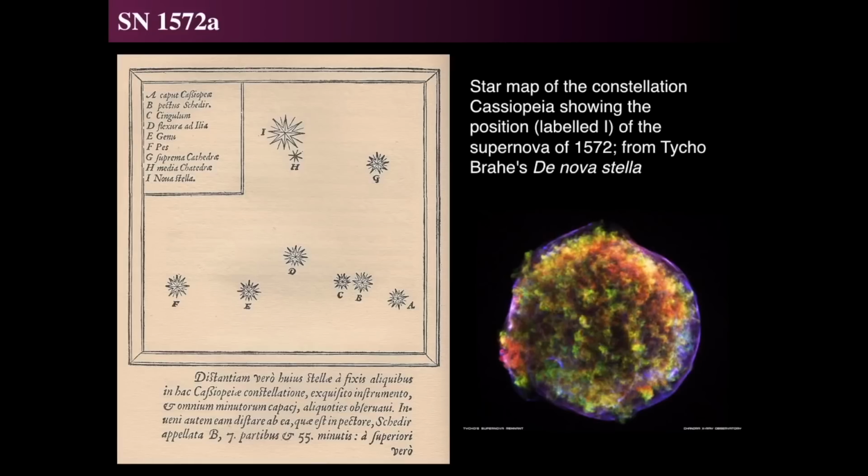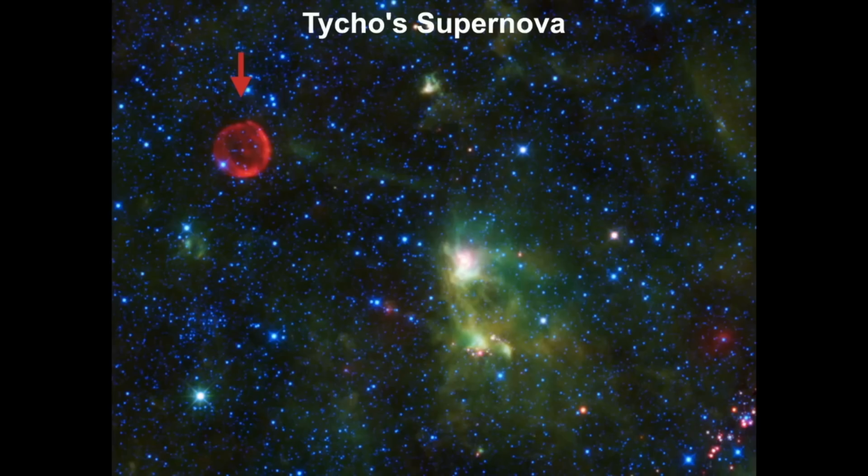On the lower right, what we're seeing is an X-ray image taken by the Chandra X-ray Observatory after it was launched by the space shuttle. And if we then look in the infrared with the WISE observatory, the Wide Field Infrared Survey Explorer by NASA Jet Propulsion Laboratory, the Tycho Supernova shows up really bright in infrared as a spherical distribution.